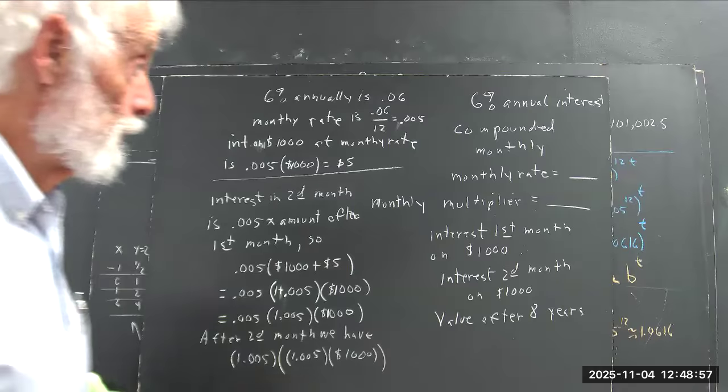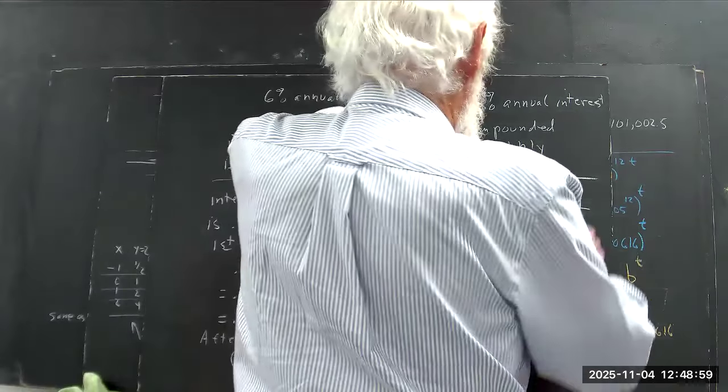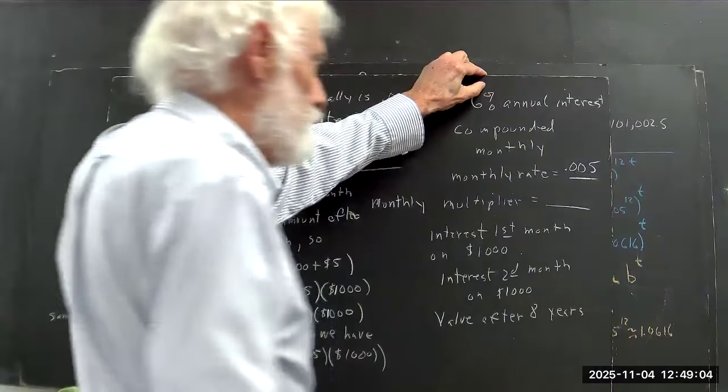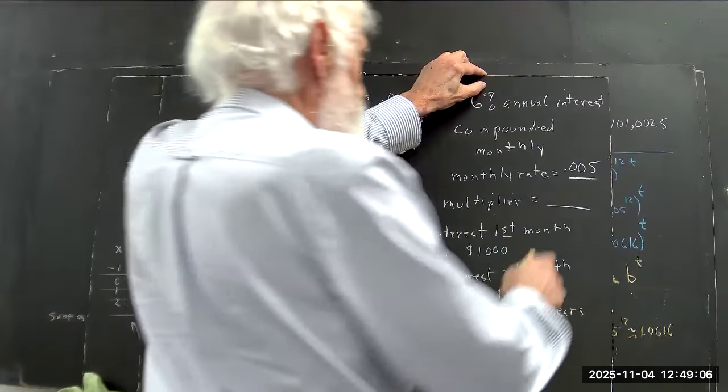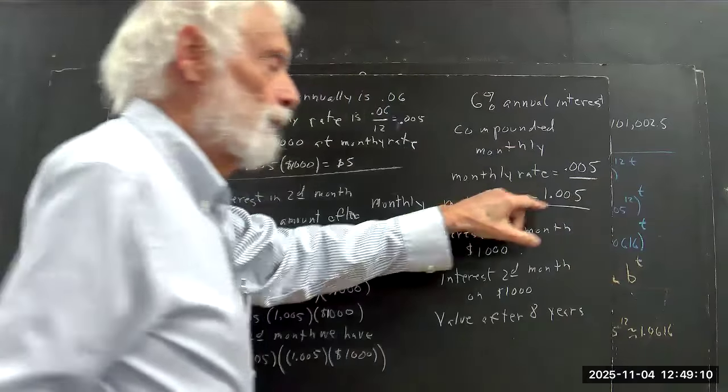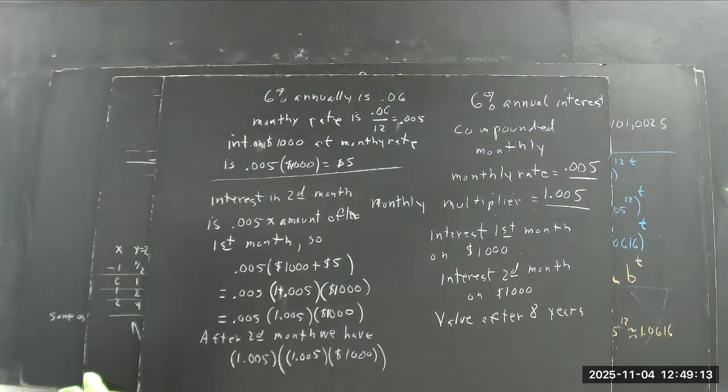You want to convince yourself of that, but I can start filling things in. The monthly rate here is 0.005. The multiplier, the thing we would multiply by to add 0.5%, is 1.005.